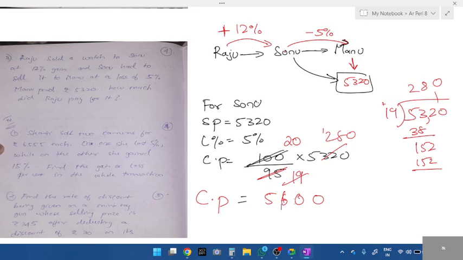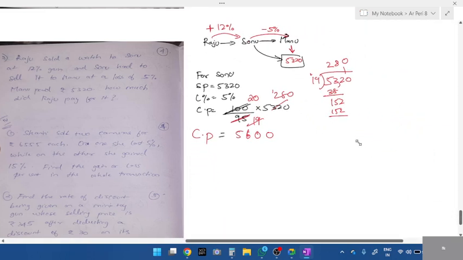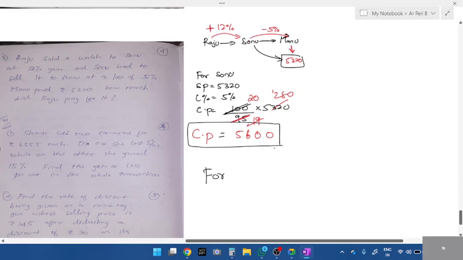All of you got 5,600. Now this 5,600 is what? Cost price for whom? Cost price for Sonu. But selling price for whom? Not Sonu. Who is there before Sonu?